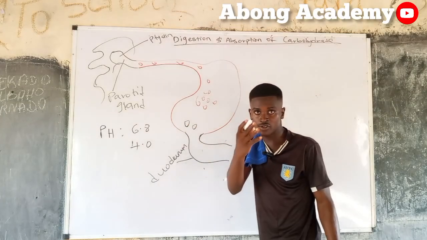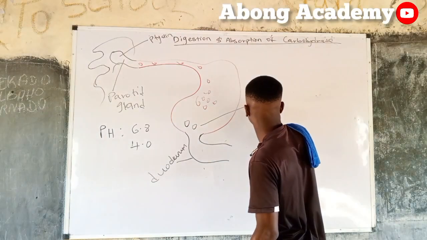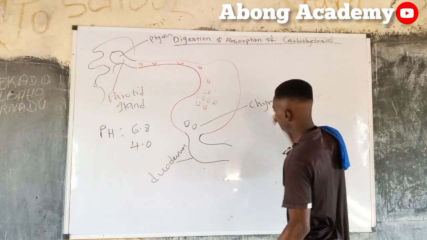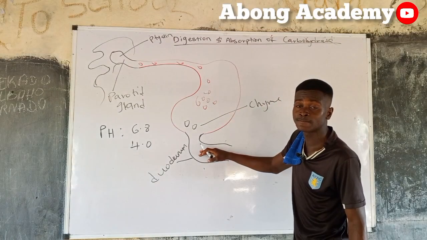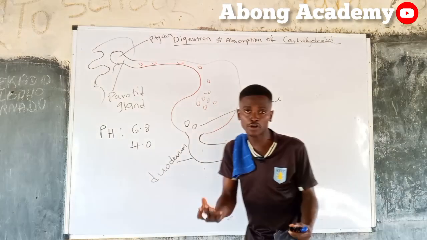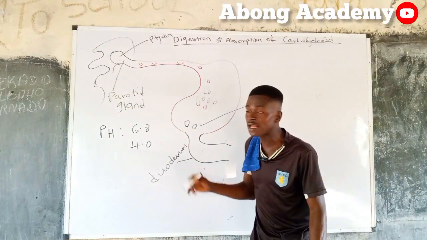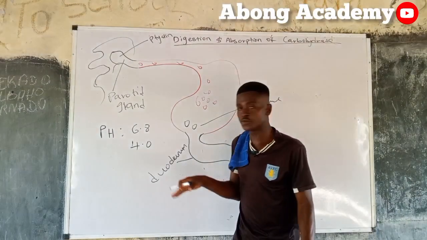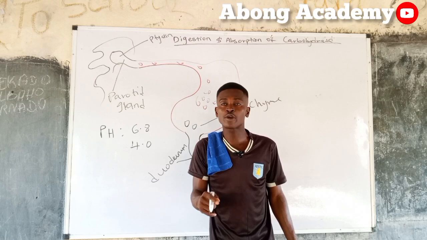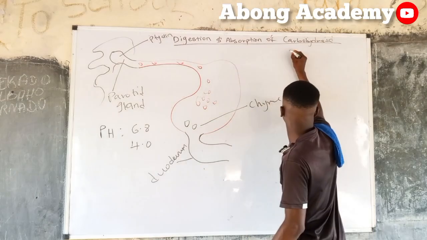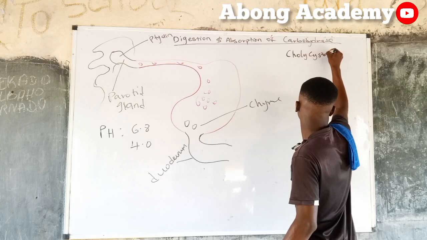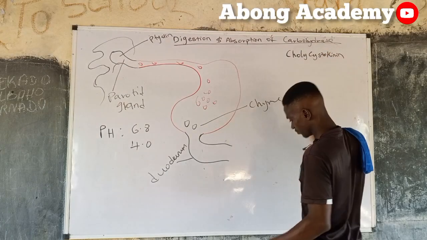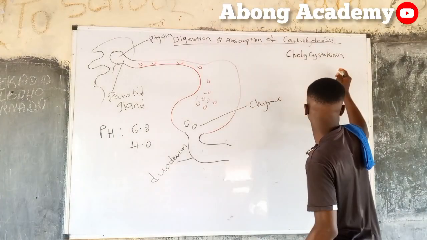The physiology student will understand that better. Now, upon the chyme entering the small intestine, there are cells, the I cells, found in the mucosal lining of the duodenum. They release what we call cholecystokinin into the bloodstream.